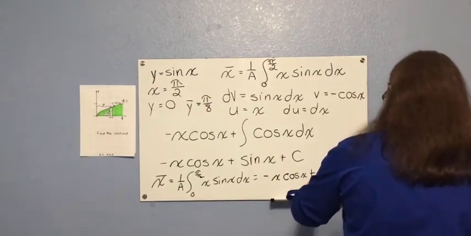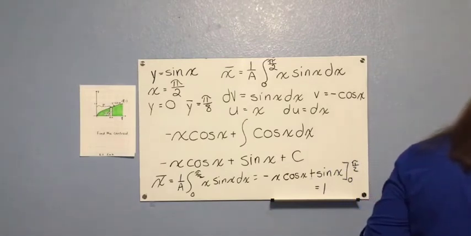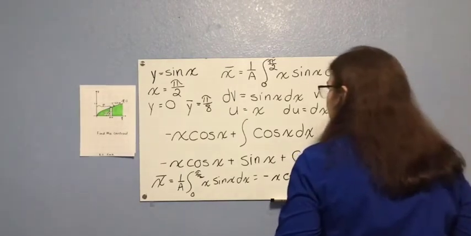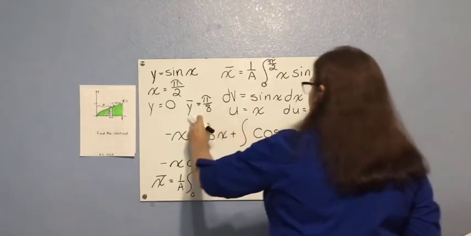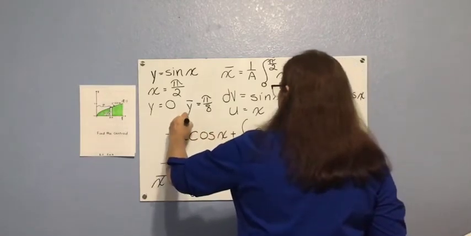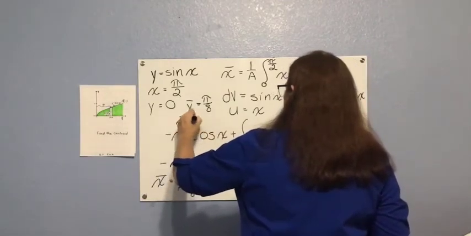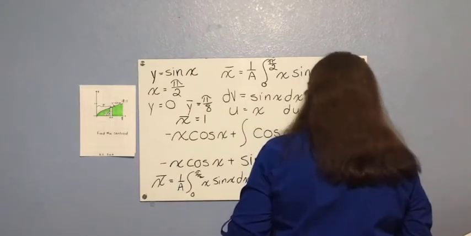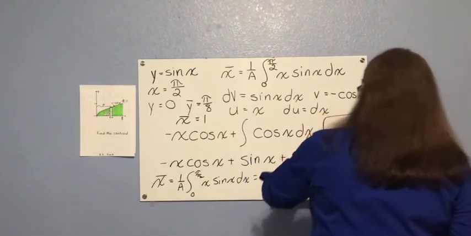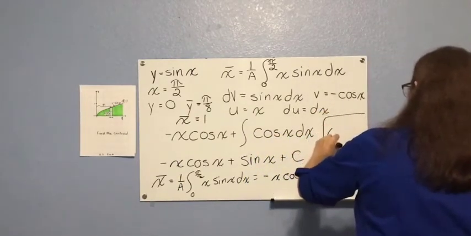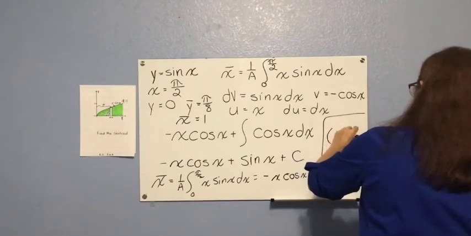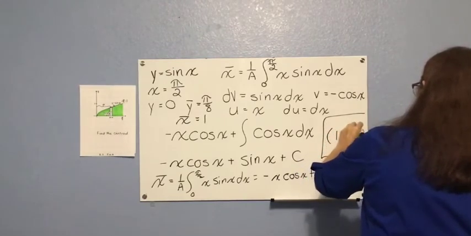And that's also equal to 1. So going back up here, we said y bar was pi over 8. Now we know that x bar is 1. So my final answer should be the centroid is at (1, pi over 8).